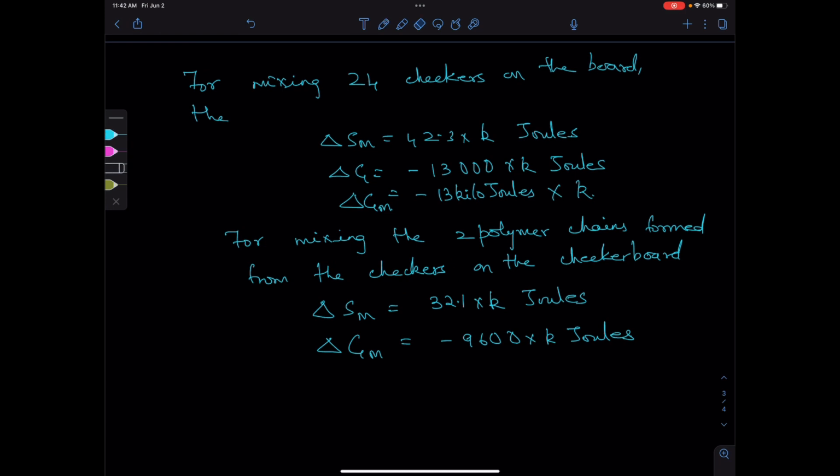So the entropy of mixing the polymer chains is less than the entropy of mixing the free checkers. The free energy of mixing the polymer chains is less negative than the free energy of mixing the checkers.